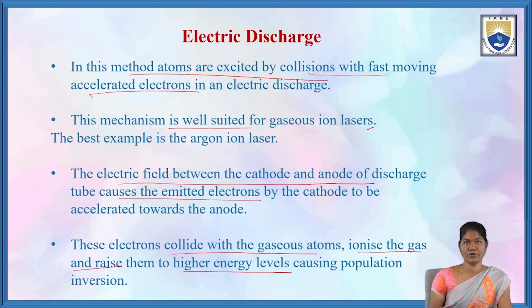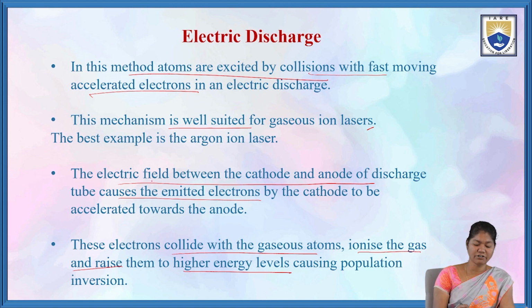So here we are using an electric field to make electrons accelerate, so that the electrons move fast and collide with the gaseous atoms, ionize the gas and raise them to higher energy levels.